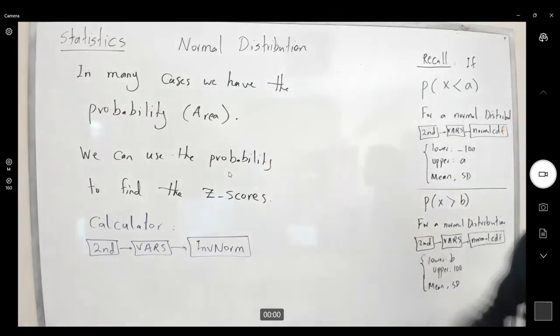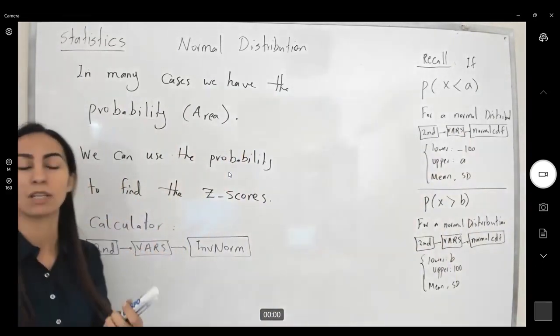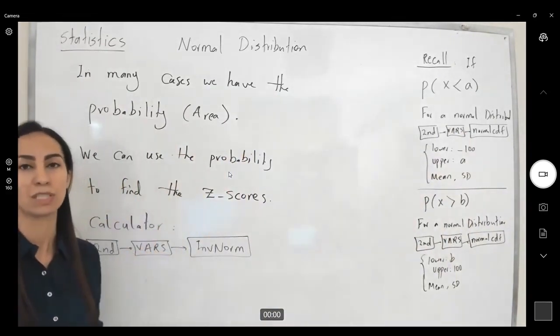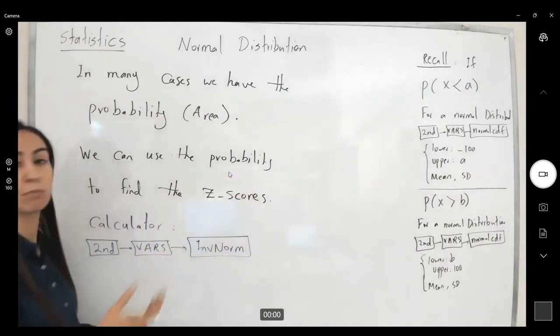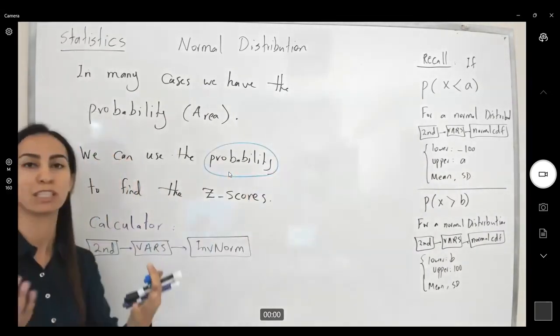But this case is different, guys. It says, hey, you do not have your X, you do not have your Z. What do you have? You have the probability. This value is given to you.